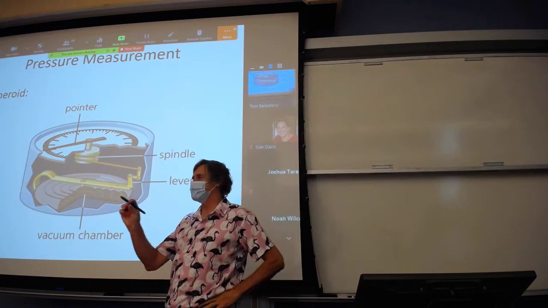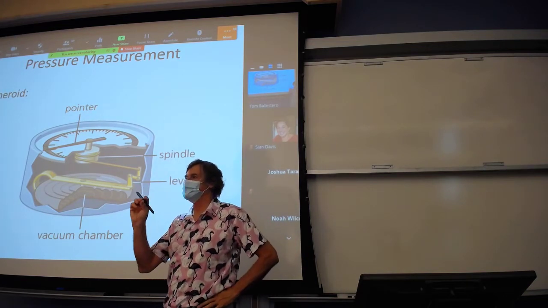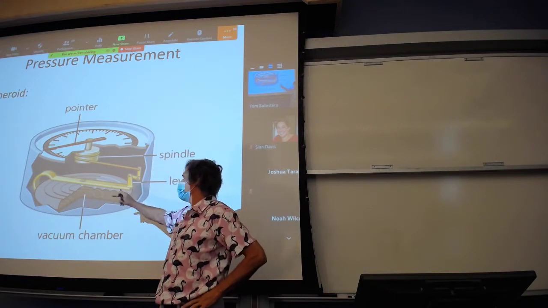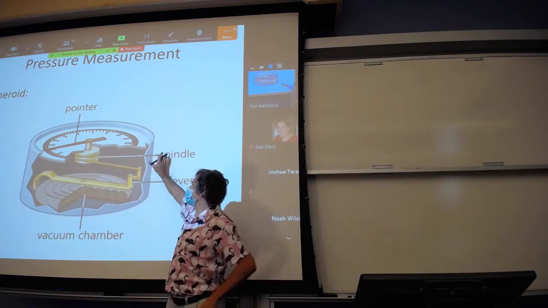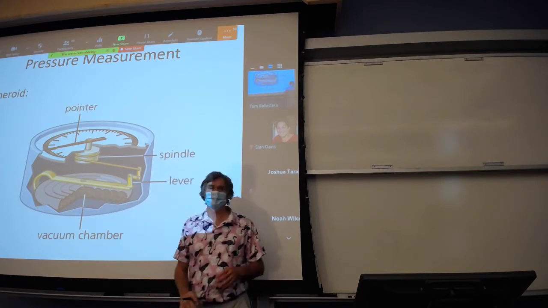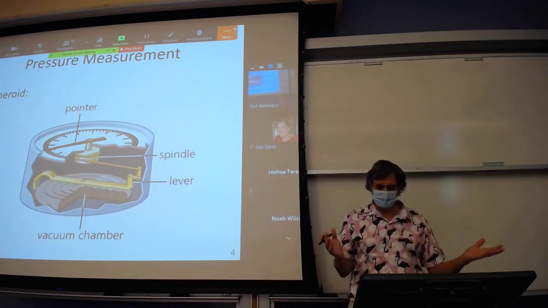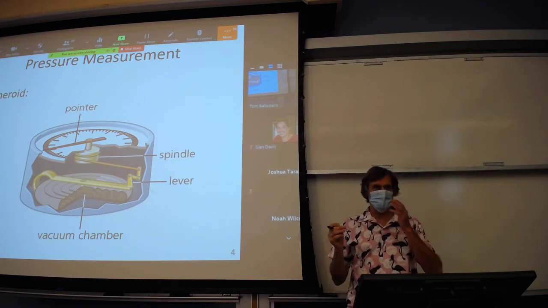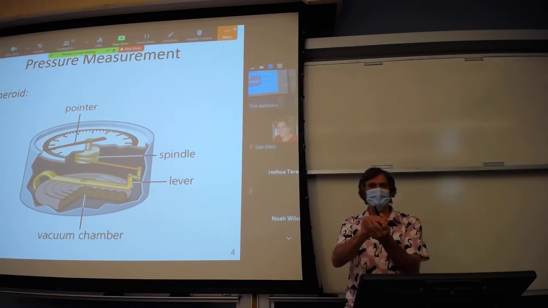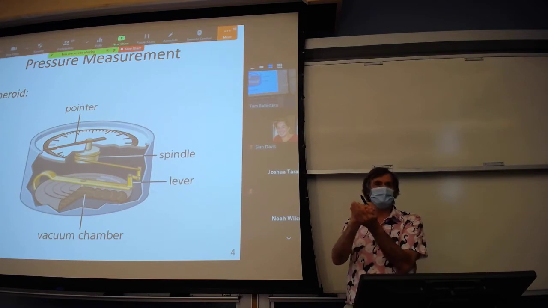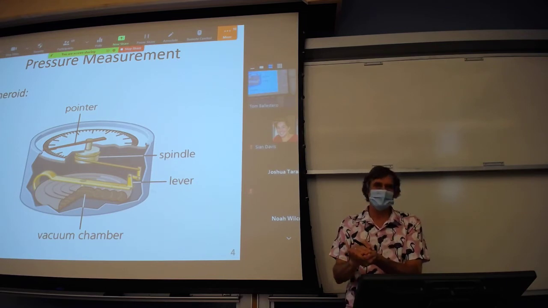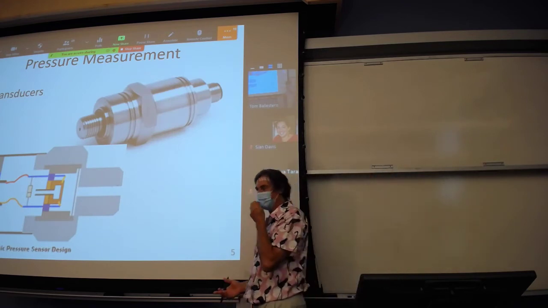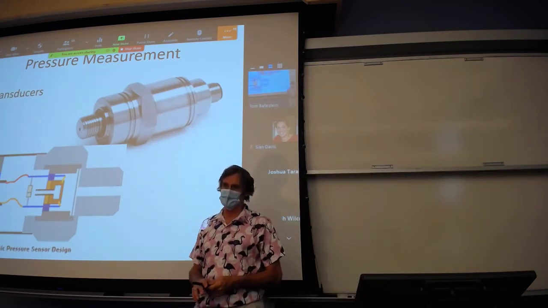And whenever you see a gauge with a perfect vacuum in it, it's measuring absolute pressure. It's measuring the difference across that, from whatever it's hooked up to. So that's really the only difference between an aneroid and a Bourdon gauge. The aneroid gauge can look exactly like the Bourdon gauge, but somewhere in that system is a perfect vacuum or something as close as we can get to a perfect vacuum.